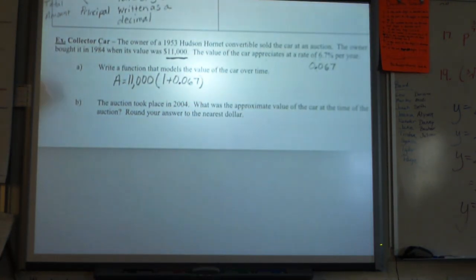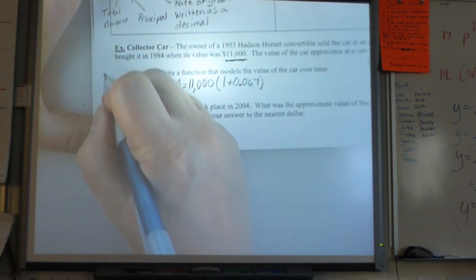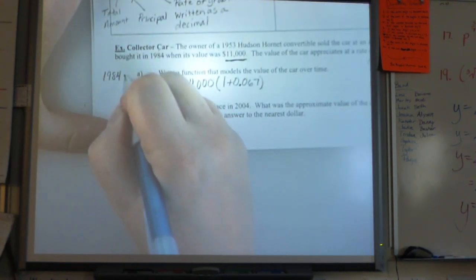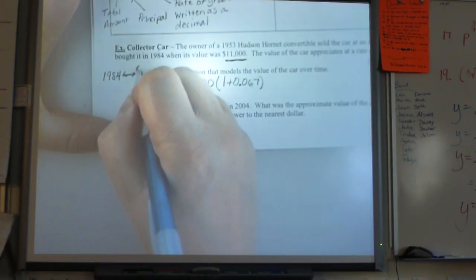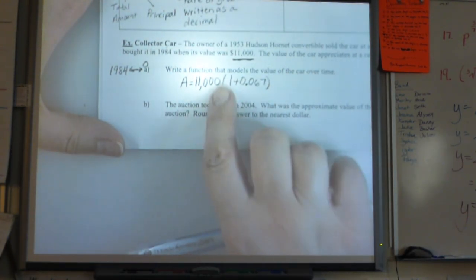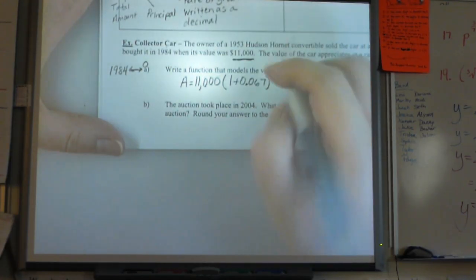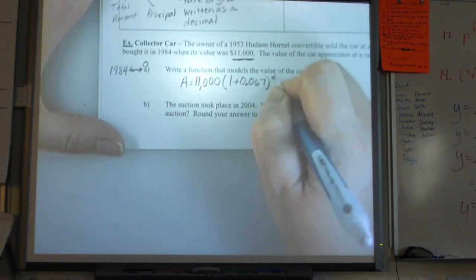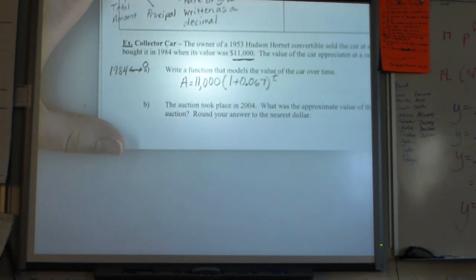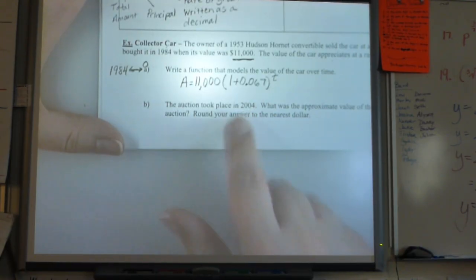Now we have to look at the power. The owner bought the car in 1984, so that's where we start our problem. 1984 is going to correspond with year 0. This is just going to be to the power of t. And then let's calculate what that t is. This auction takes place in 2004.